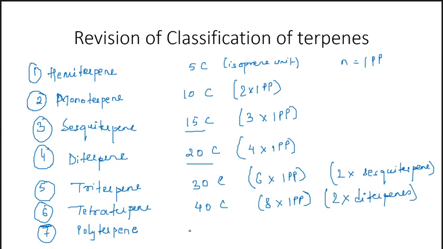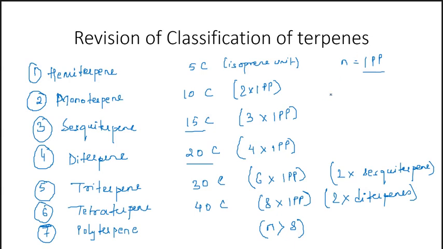They contain N greater than 8. That means more than 8 IPP will form polyterpenes.